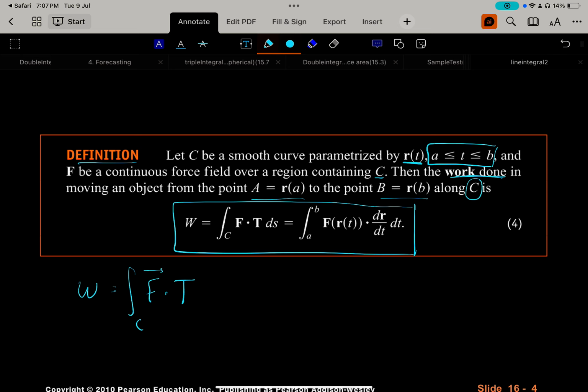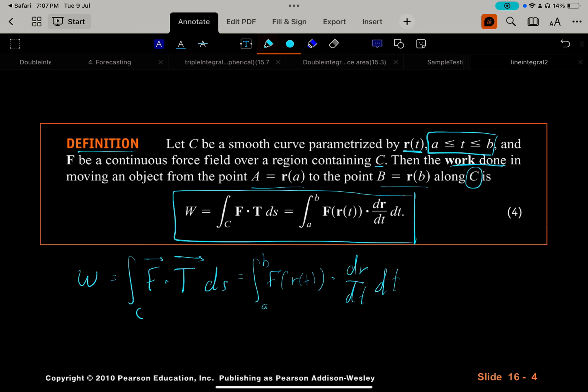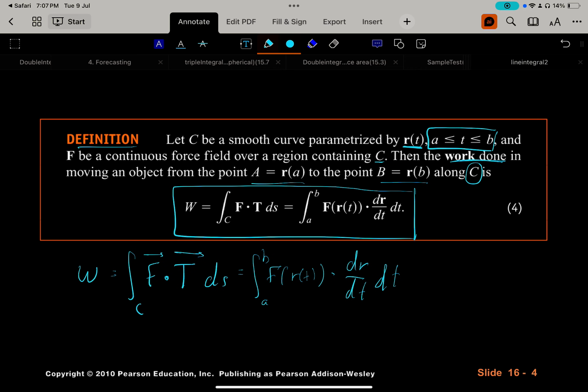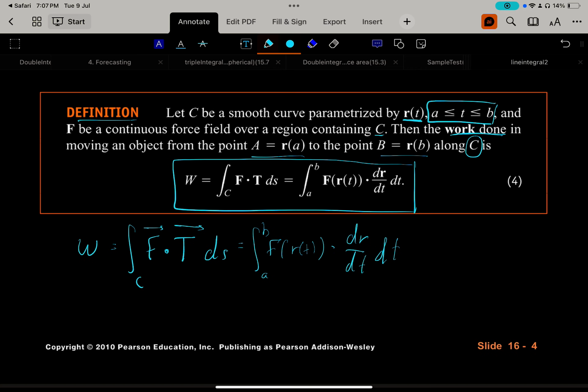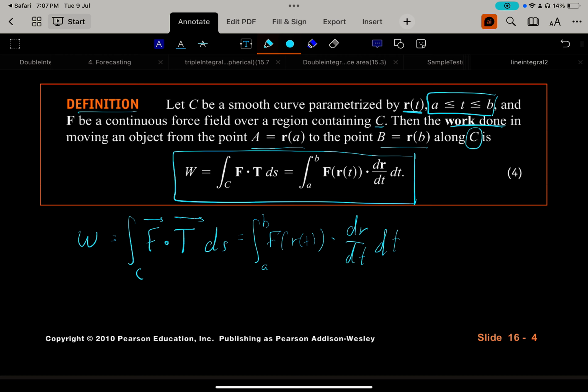So it is the integral of F dot the velocity ds, which is basically the integral from a to b of F of r of t dot dr over dt times dt. Now here you can see that this is basically what we did before, and it's basically the work defined. And so we already did define the work.